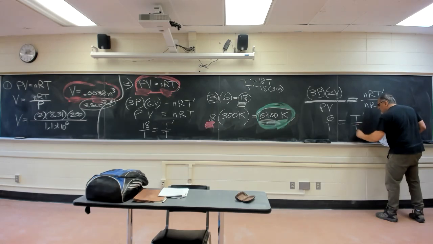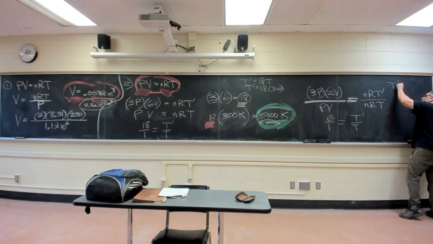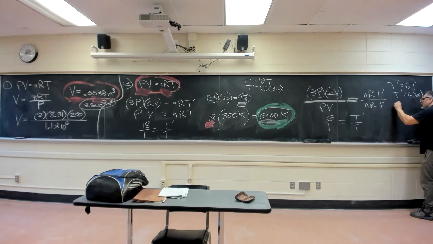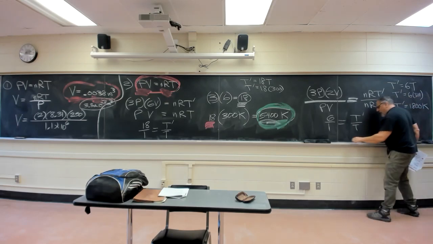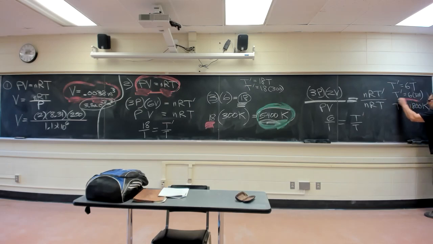It's basically the same game being played. T prime is 6 times T. T prime is 6 times 300. Here's where the 1800 Kelvin comes in. That would be the right answer if the volume was only made twice as big, not 6 times as big. So that should be in the notes as well.